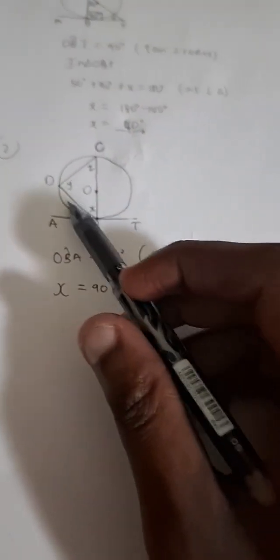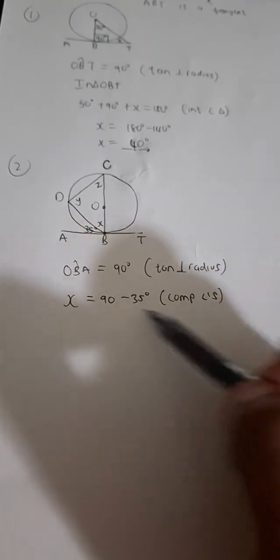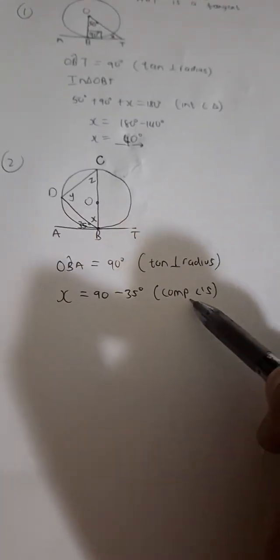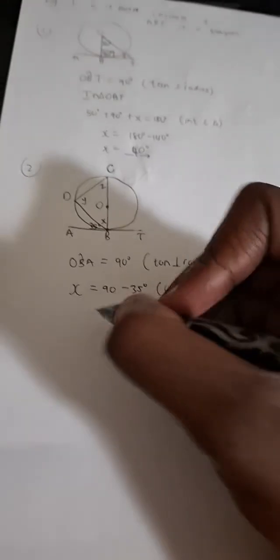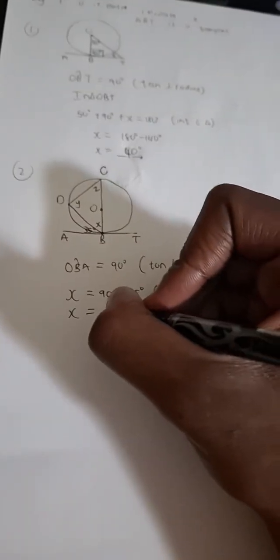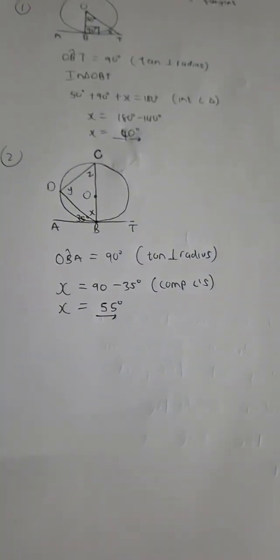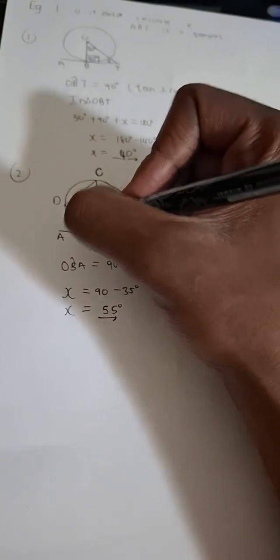Because remember, since this is all 90, the X plus 35 gives me 90. That's why I say X is equal to 90 minus 35. Reason: complementary angles. So X is equal to what? What's 90 minus 35? That gives me 55 degrees. Update. We're always updating. That was the 90, and we updated the 55.